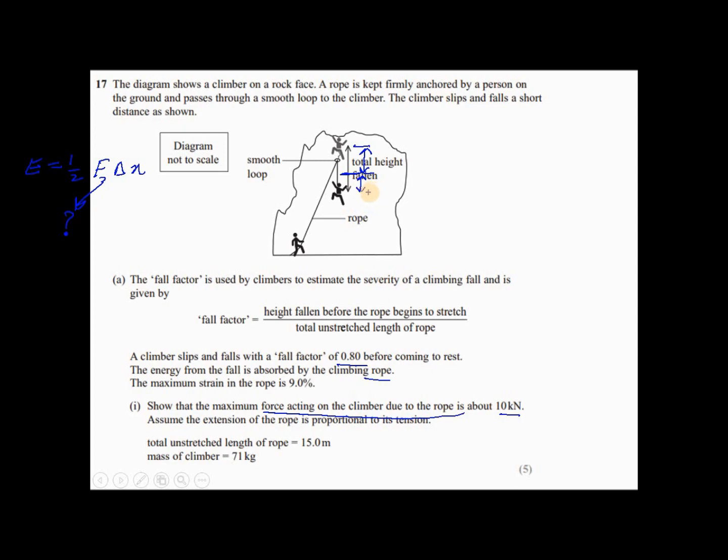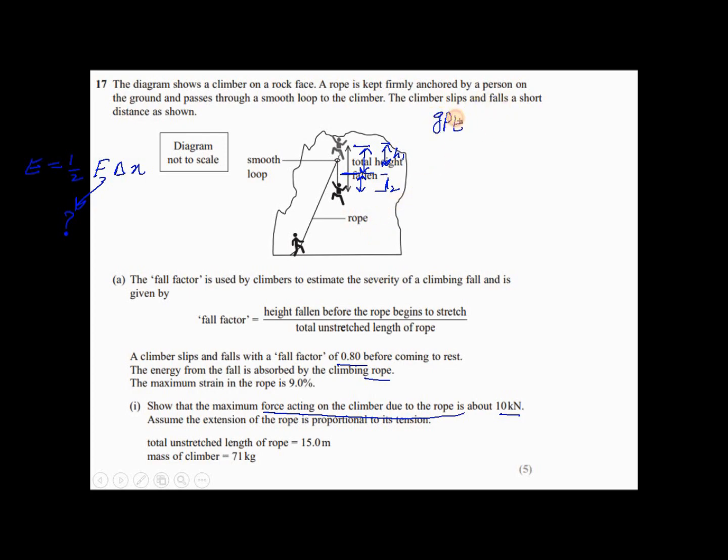So we need to find gravitational potential energy in two different scenarios. One is without stretching, let's call it H1, and then H2, which is equal to the extension of the rope.